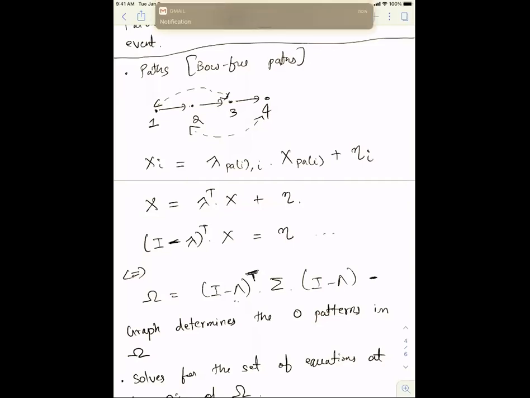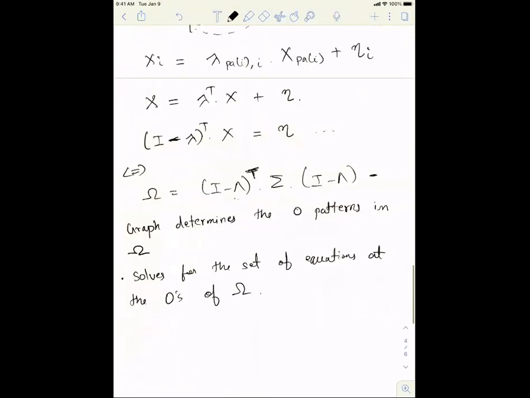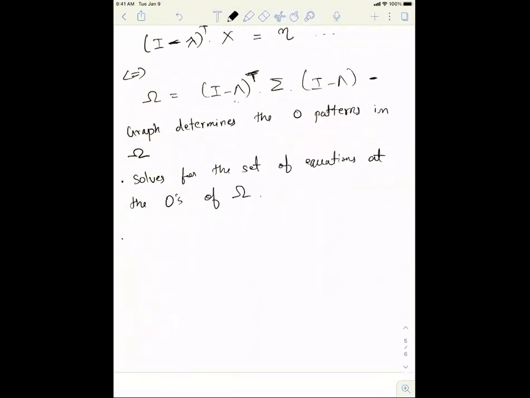And you use the computed value of lambda 2,3 to solve for lambda 3,4, and so on. It just turns out to be a set of equations. I'll write down what it finally looks like, but it's easy to work out. The first pair, lambda 1,2, is sigma 1,2 by sigma 1,1.